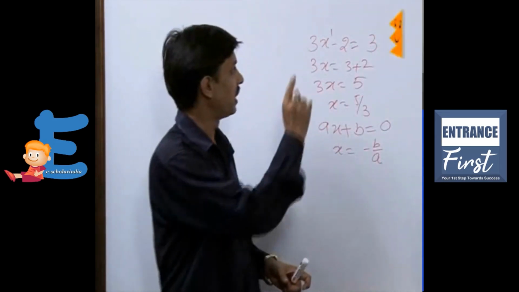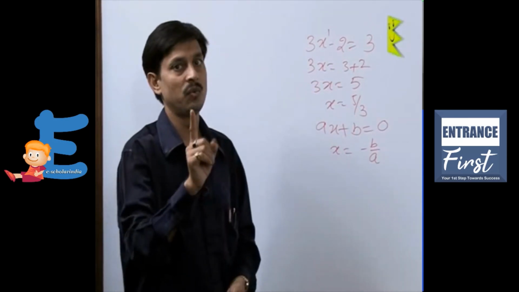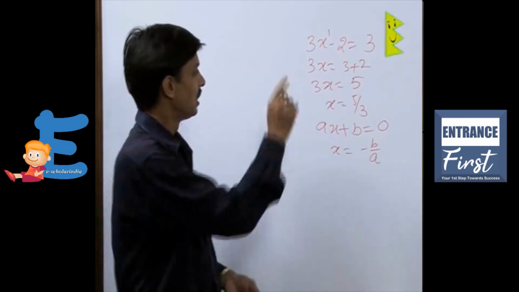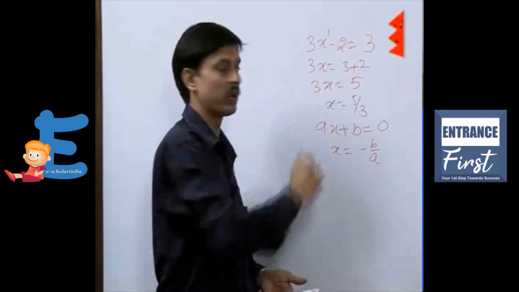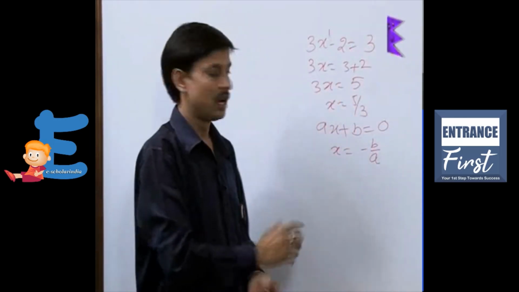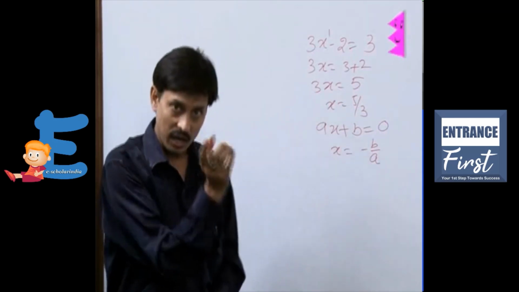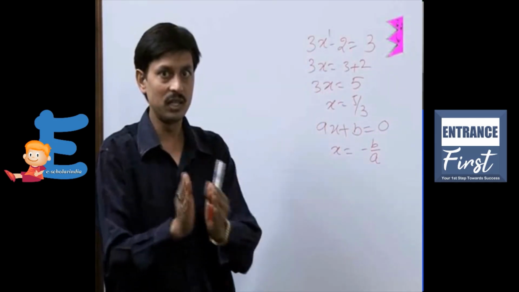If I write 3x minus 2 equals 5, it is a linear equation in one variable. I transfer minus 2 to the right hand side, the sign becomes plus, so 3x equals 5, and the answer for x comes out to be 5 by 3. Now you can check whether this solution is correct.